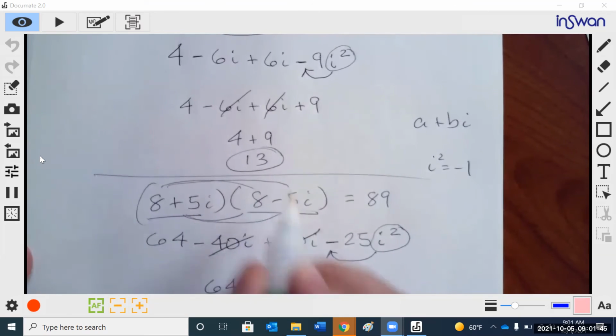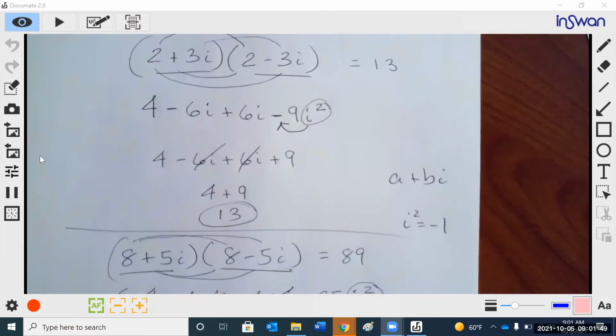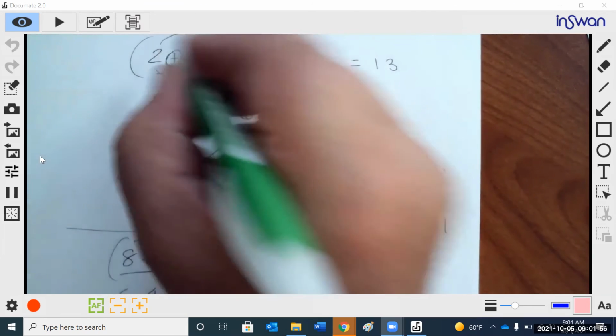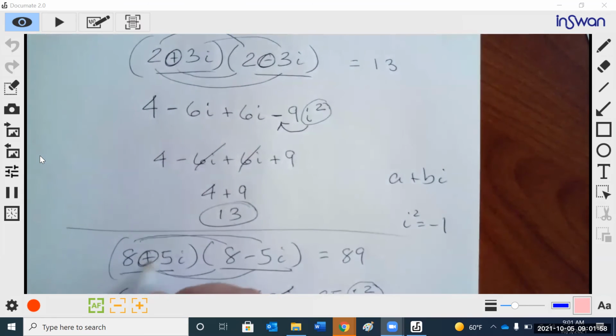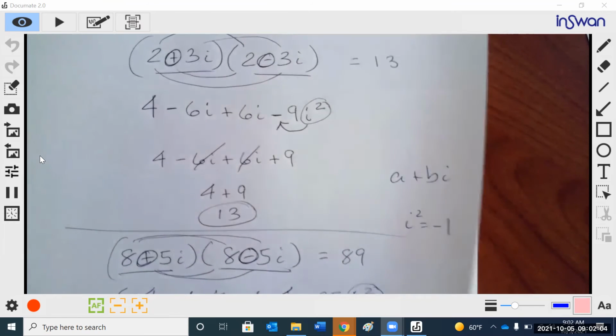What do you notice about these two equations? Yeah, the same numbers. Only thing that's changed are these signs in the middle. Those have a name.